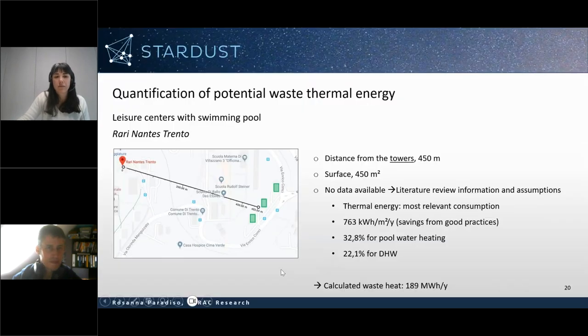Last case was leisure center, the swimming pool close to the towers, 450 meters, with a surface of 450 square meters, but also in this case no data were available.